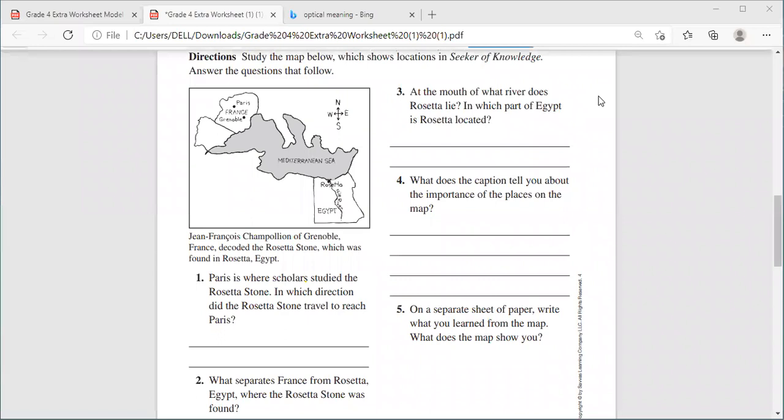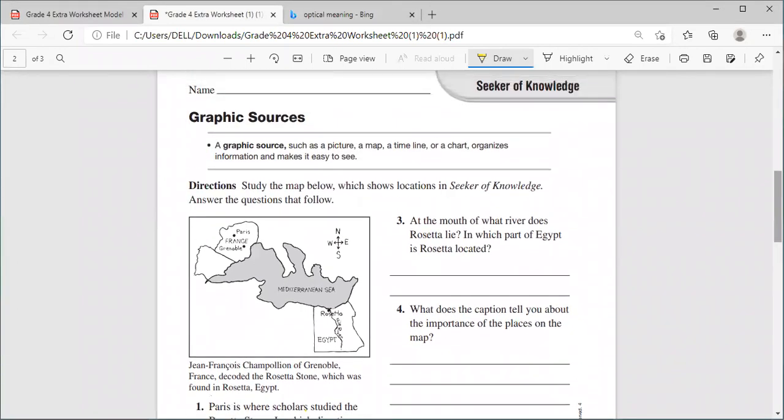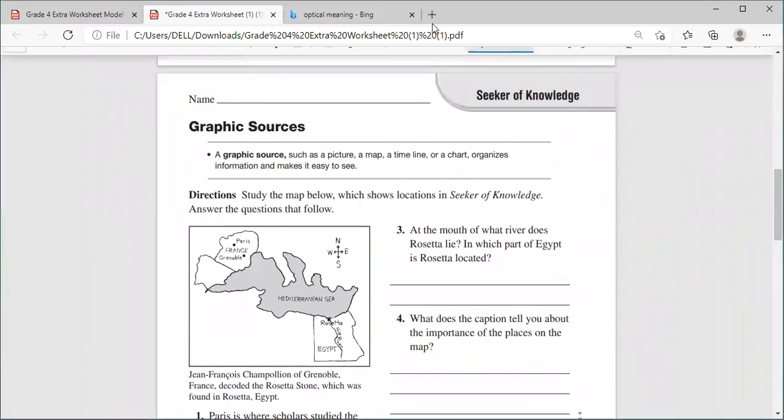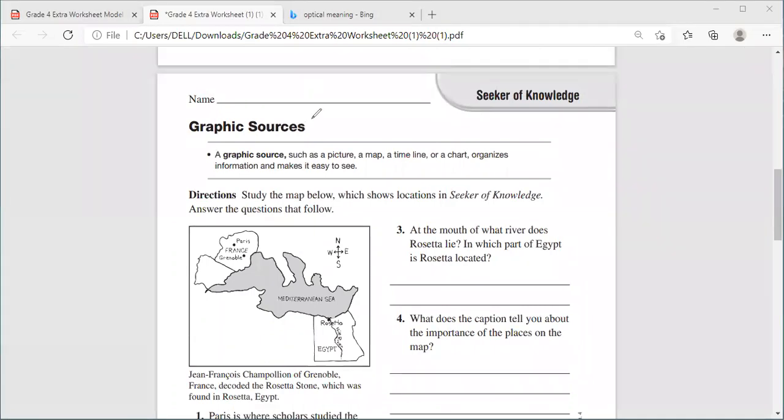This is a typical explanation for traffic sources that we were asked for, and I hope it will be helpful because this week it was about traffic sources. So, in brief, just going through it, are the graphic sources. You'll be able to understand the graphic source. It could be a picture, a map like this one, a timeline, a chart, or organized information.